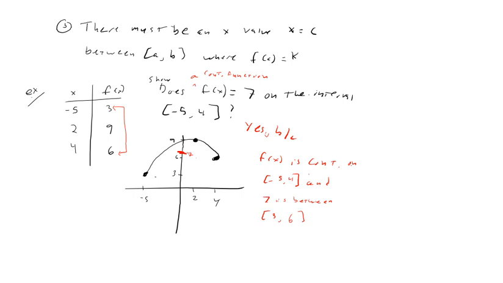So would I use 4 and 6, right? Because this has to be f of a. This has to be f of b. Oh, sorry, this is just a. And that's b. So do I really want to use all the values here, a to b?